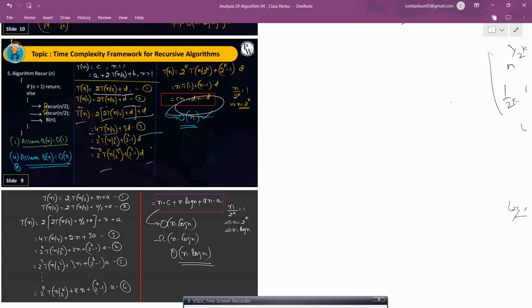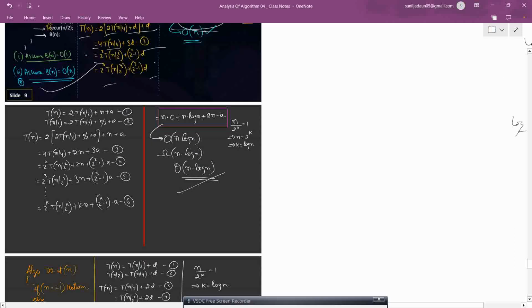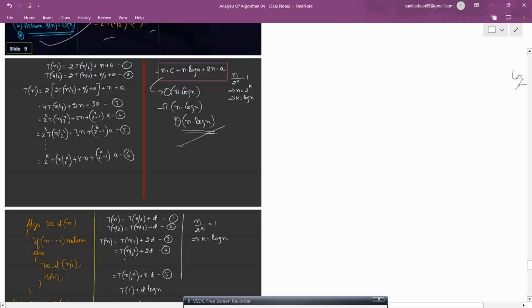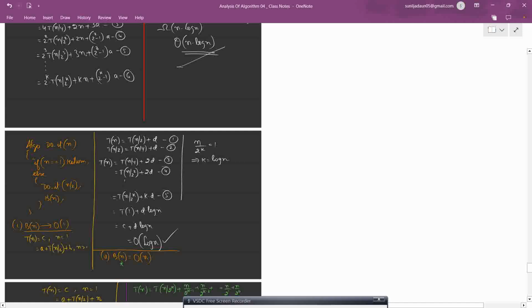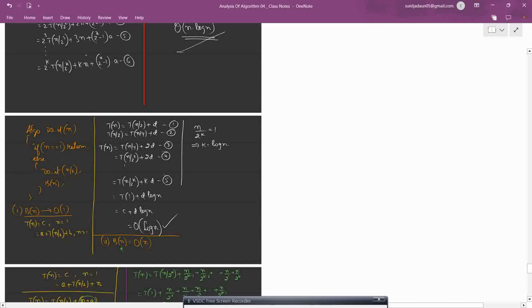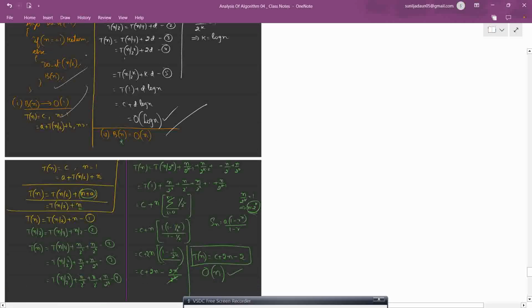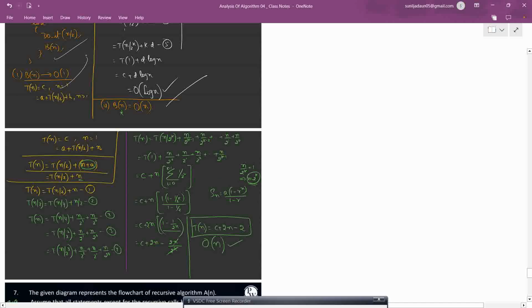This is a simple one, I think. 5 over of n is bigger than log n, right? So we will do it and it will be n log n, right? So big O of n. It will become O of n. How do we do that?